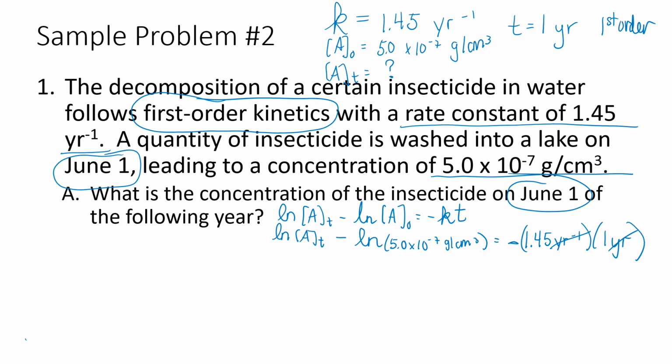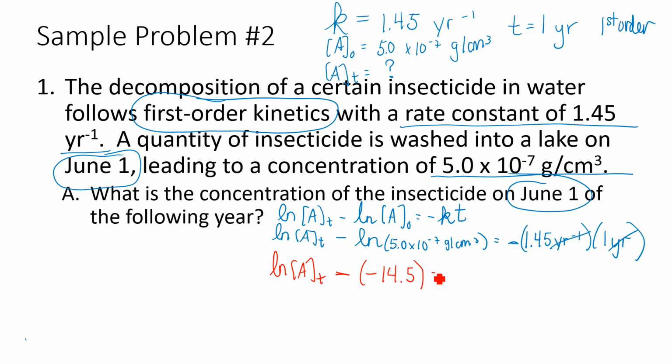Okay, now we've got a little bit more room. This first value is, again, our unknown, the natural log of A at time t. That's what I'm trying to solve for. And then minus the natural log of 5 times 10^-7. If you plug that in your calculator, you get -14.5. In these types of problems, it's really important to be careful with our negatives and positives and double check all those.